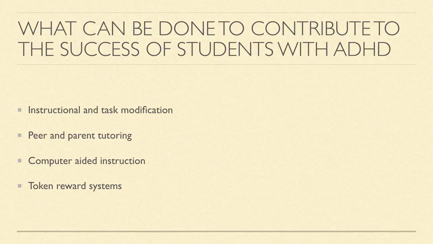Another option is peer and parent tutoring, which essentially is just one-on-one instruction that, like stated before, is better able to cater to a student's individual needs and accommodate to their learning style. It helps promote their strengths and resolve their weaknesses.